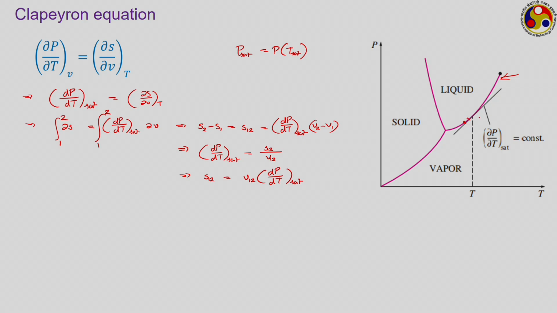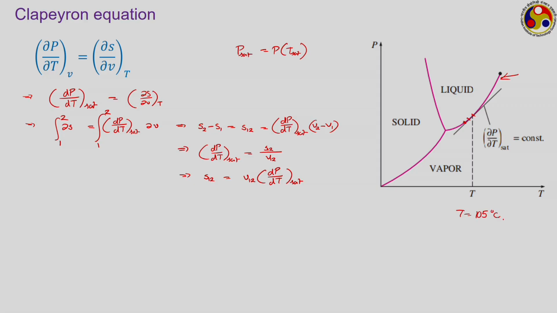Then we do the experiment at 110 degree Celsius and again measure the corresponding pressure. This way we can get a few points of the curve, and then combining these points we can calculate the slope of this curve. And now suppose our objective is to do this calculation at T equal to 105 degree Celsius.